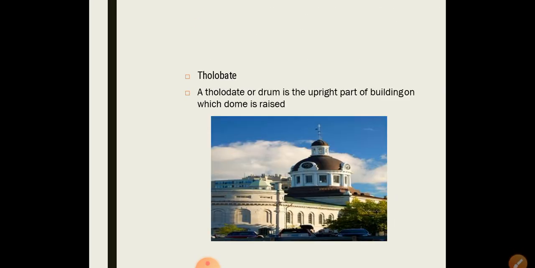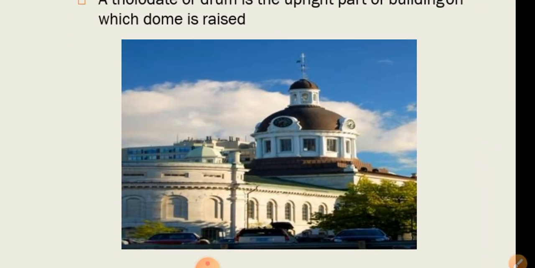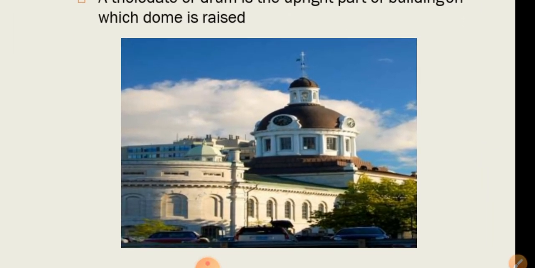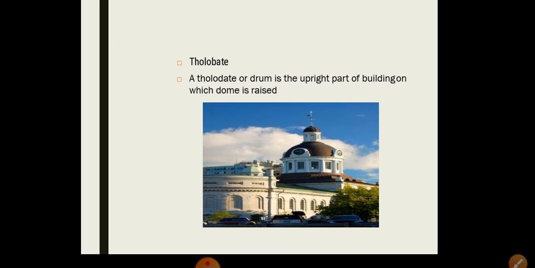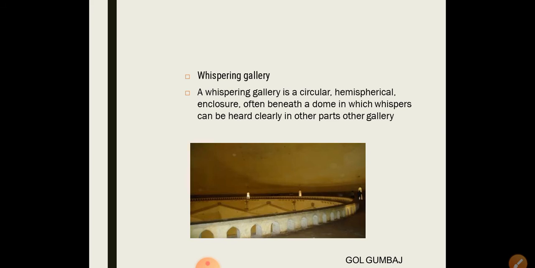Next, the tholobate. The tholobate or drum is the upper part of the building on which the dome is raised. That is the whole structure on which the dome starts. Next, the whispering gallery.